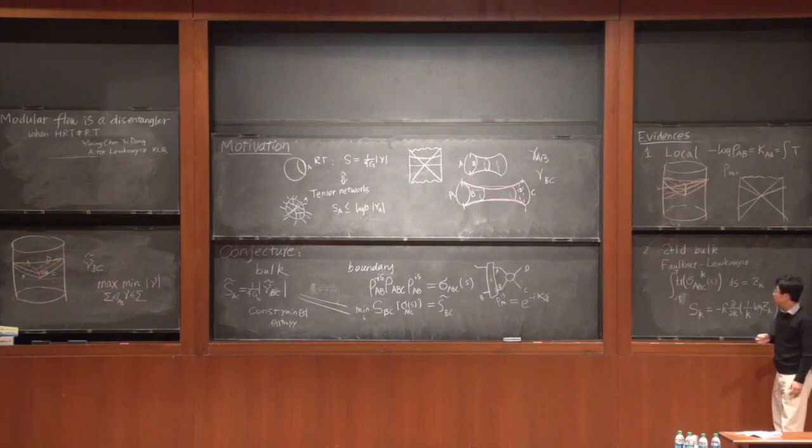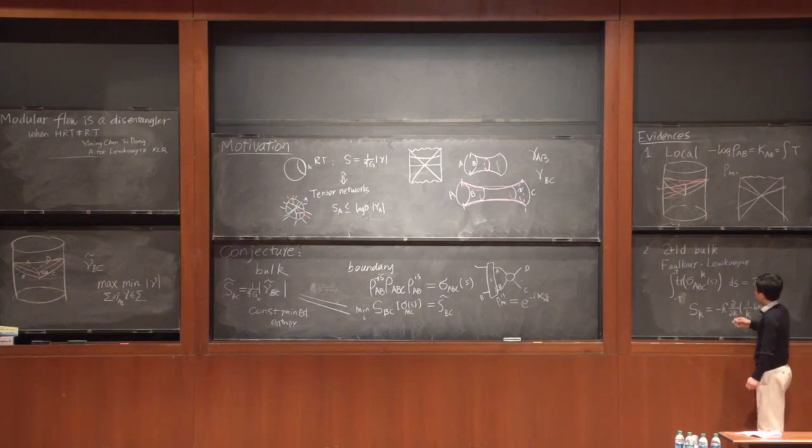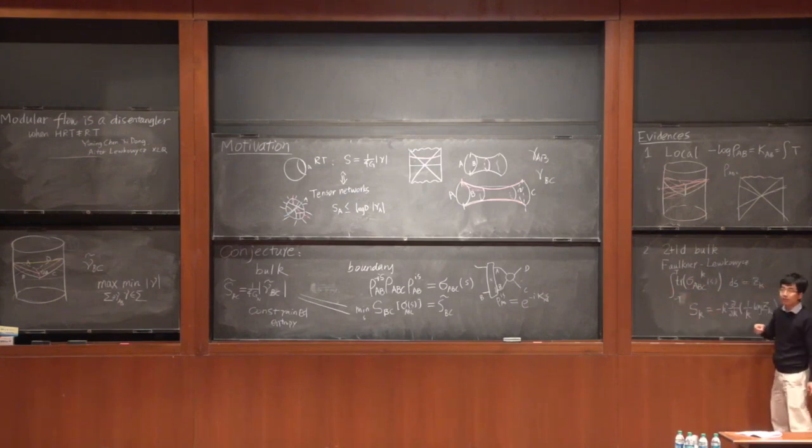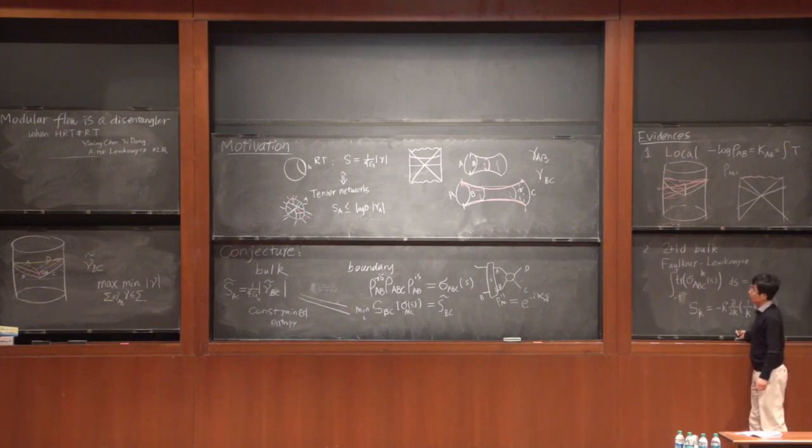But if you consider first taking the large n limit, and the entropy is growing with n, then this integration will be dominated by the minimal s parameter. And then when you take k goes to 1, we get, sorry, can you see here?